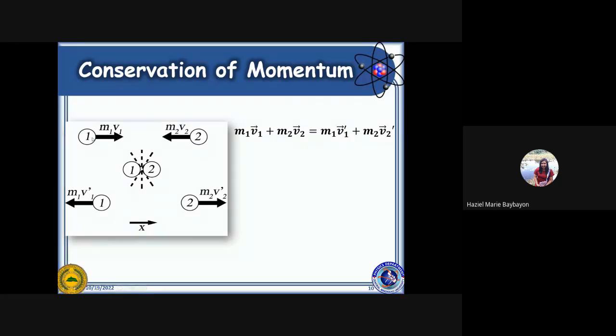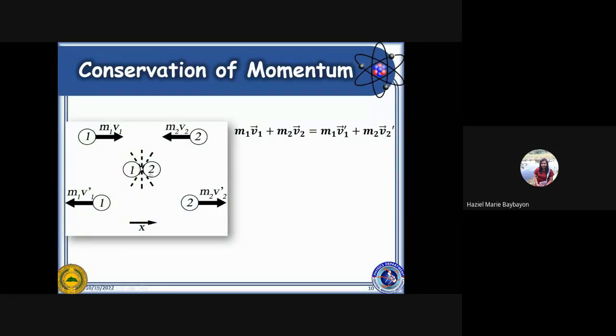For example, you set the motion to the right as positive, and the motion to the left as negative speed. For ball 1, the initial momentum is m1 v1. For ball number 2, the momentum is m2 v2.